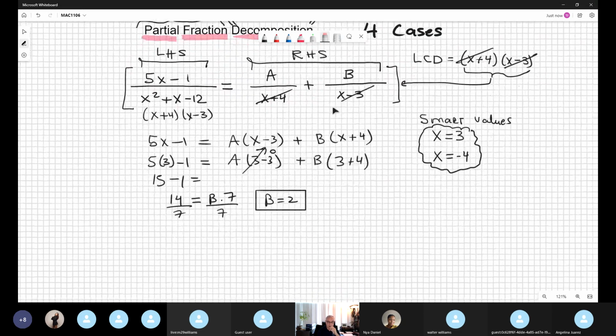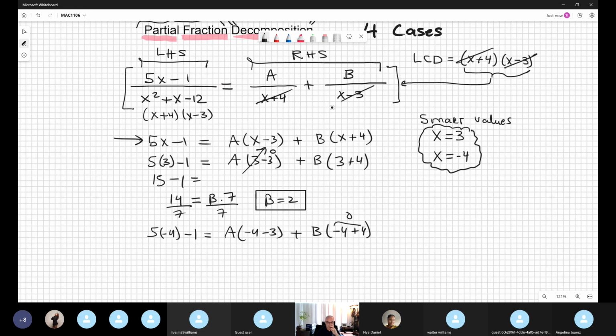Let's do it. Suppose x is -4. You substitute x for -4. 5 times -4 minus 1 is equal to A times -4 minus 3 plus B times -4 plus 4. Ooh, this is 0.